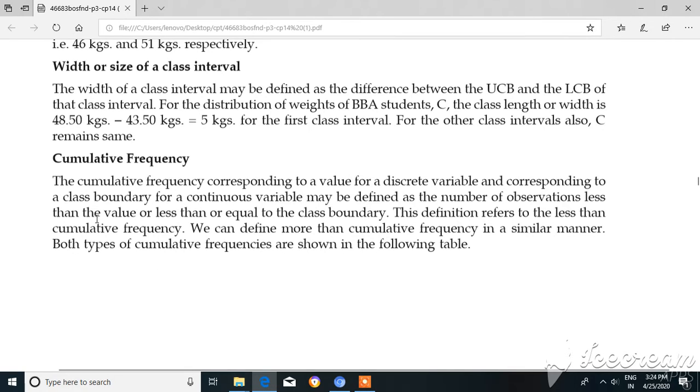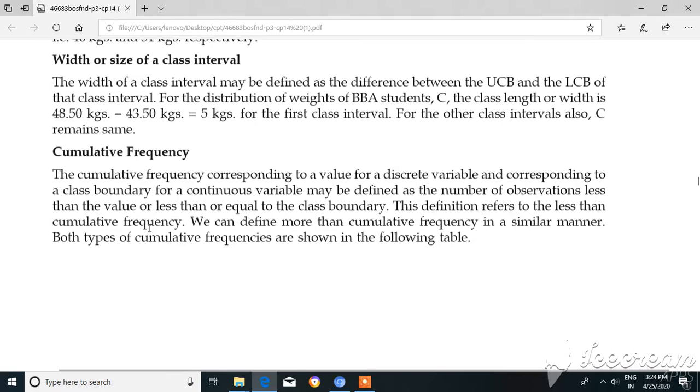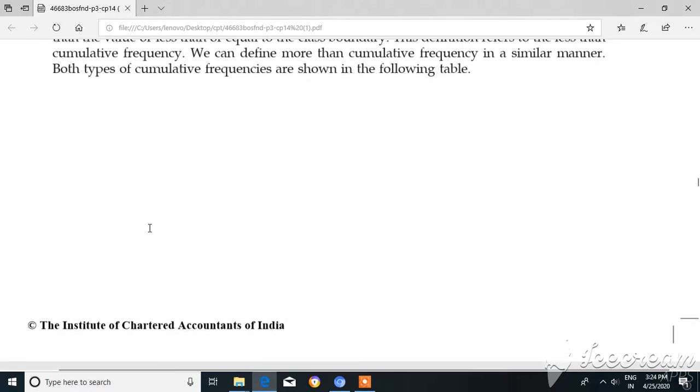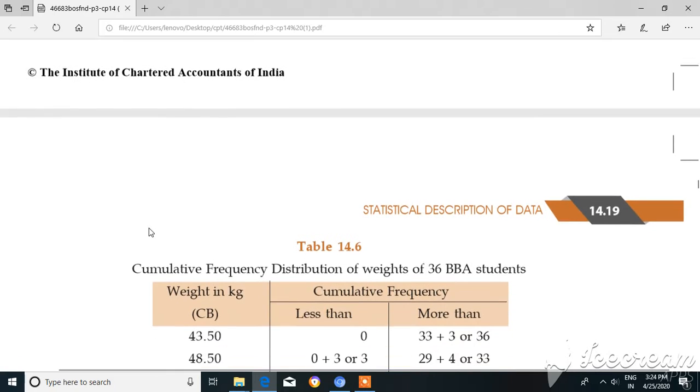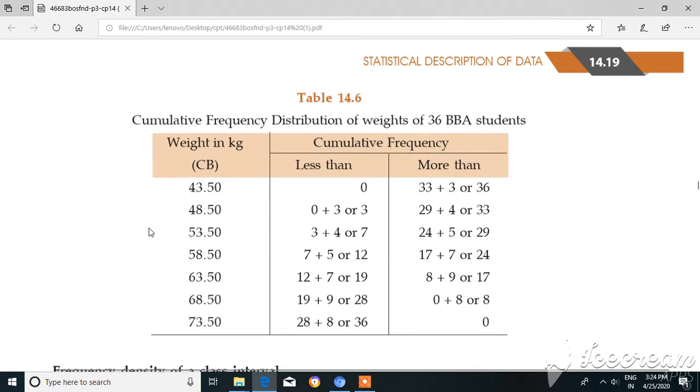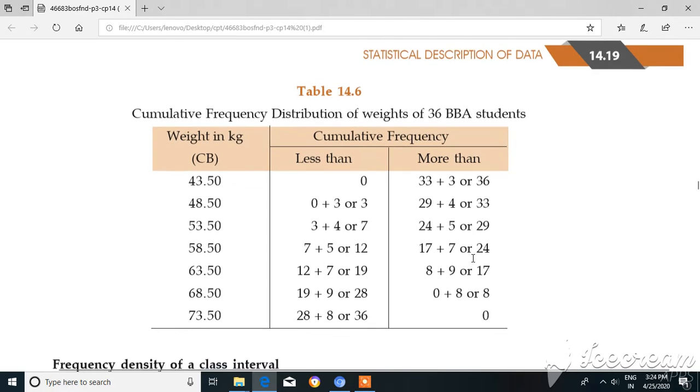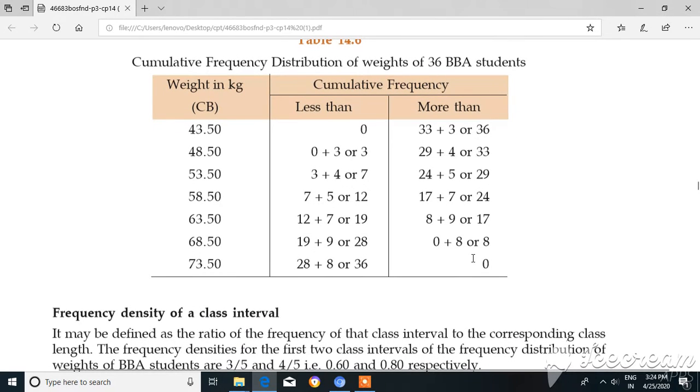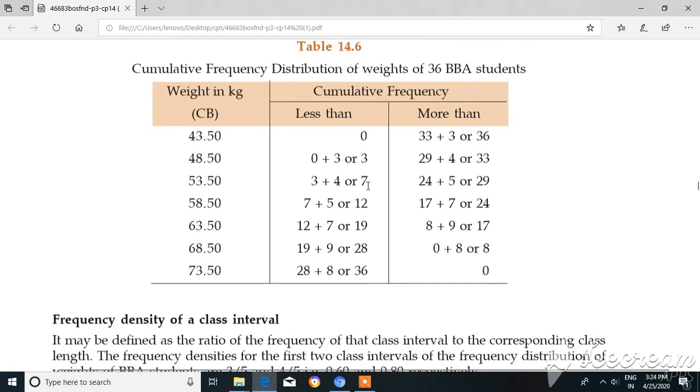You cannot understand this directly. Let us consider one example. So there are two types of cumulative frequencies. One is less than and another is more than. So now consider, here what they have given you, this weight in kgs, these limits, class boundaries are given, and here are some frequencies.